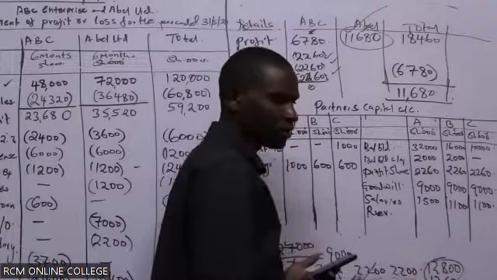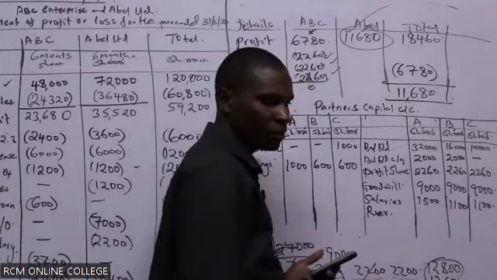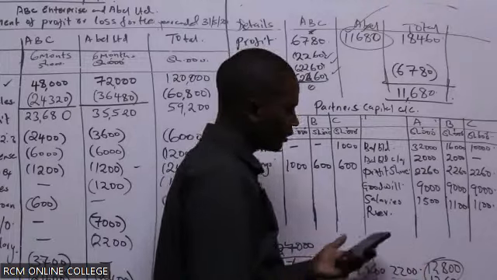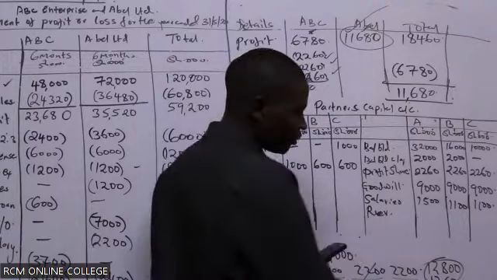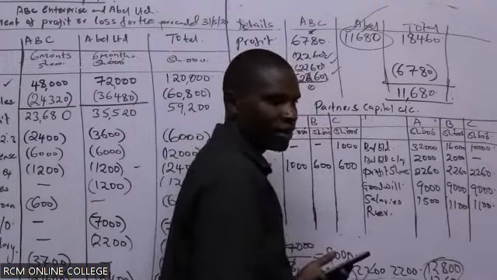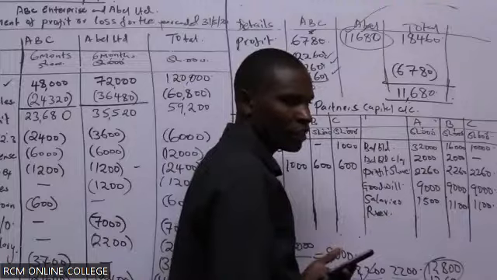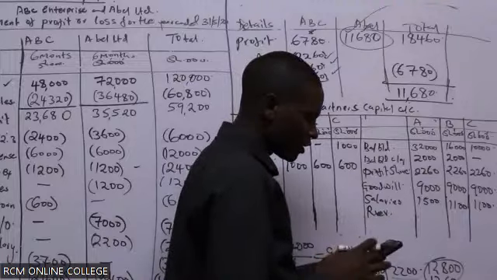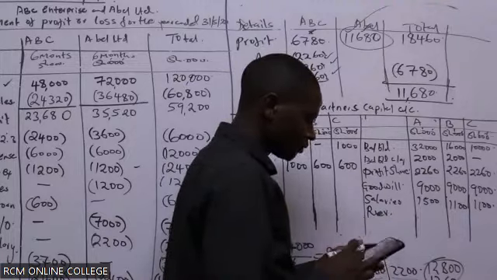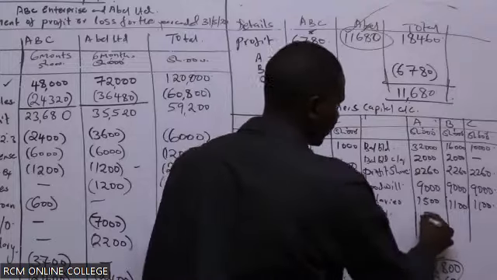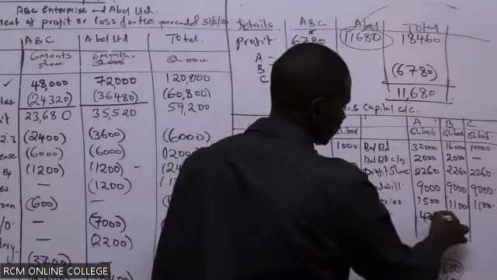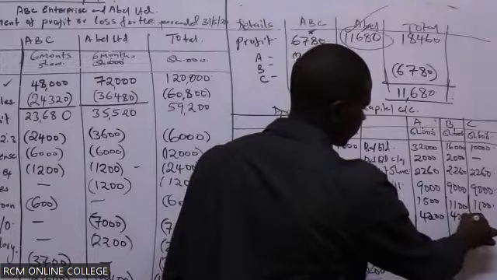Just give it a name. You divide by 3. They are sharing equally here. 4,200 each.